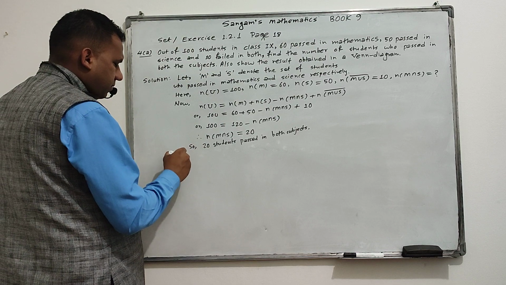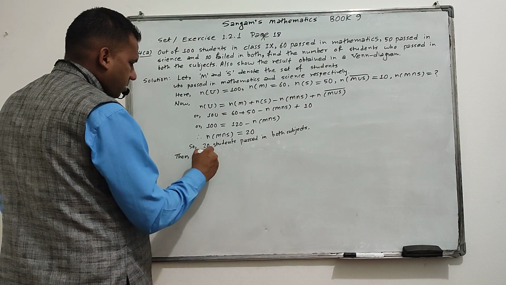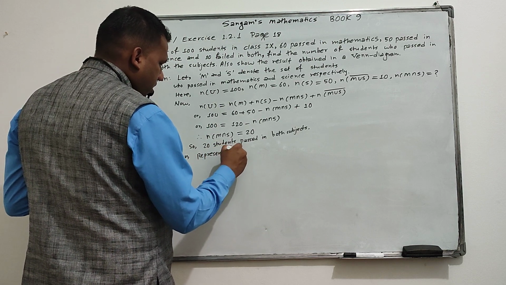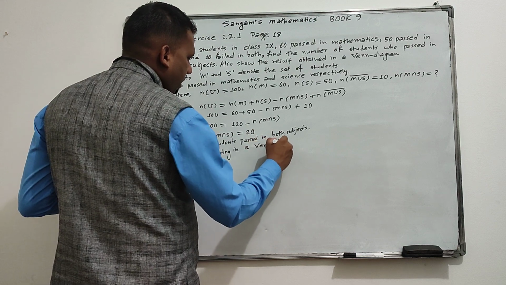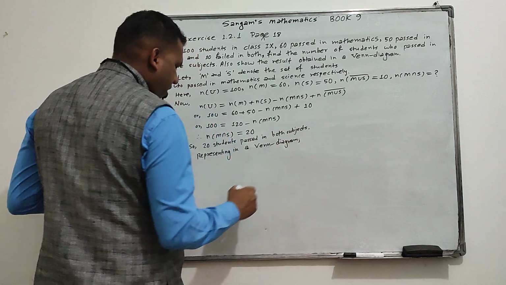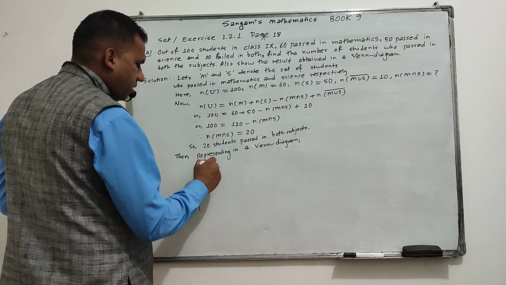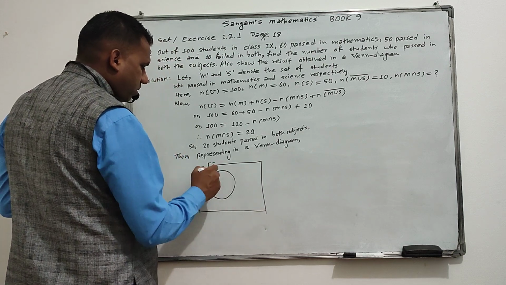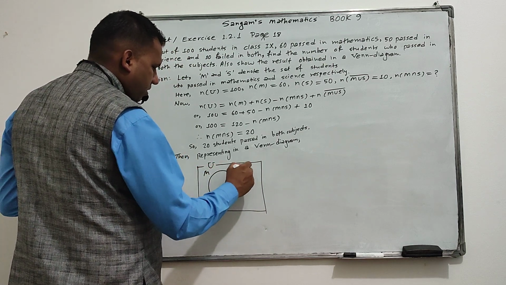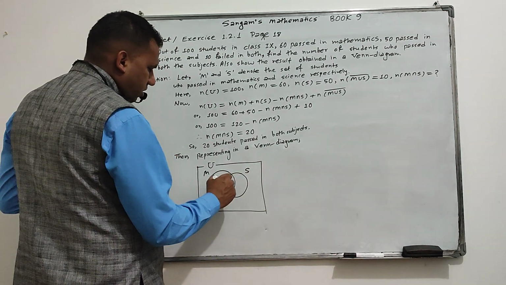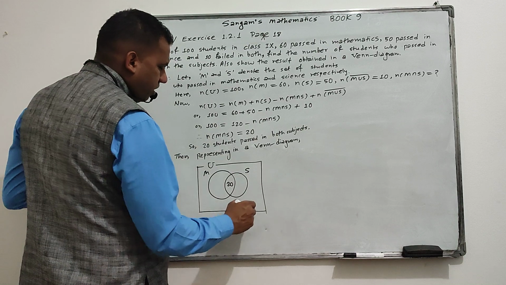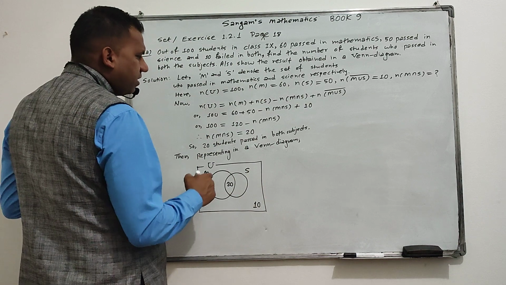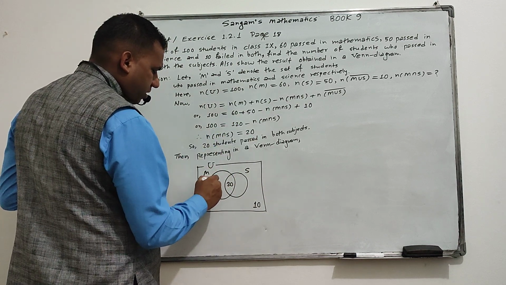Then, representing in a Venn diagram, we draw the universal set U and two subsets of U, that means M and S. This data, 20, is over here, the complement data, 10, is over here, and the number of only M is 60 minus 20, remaining 40.